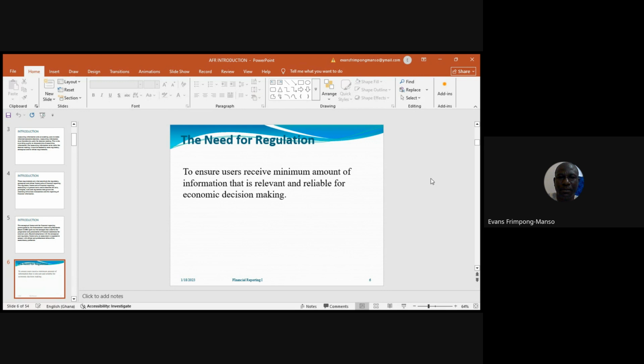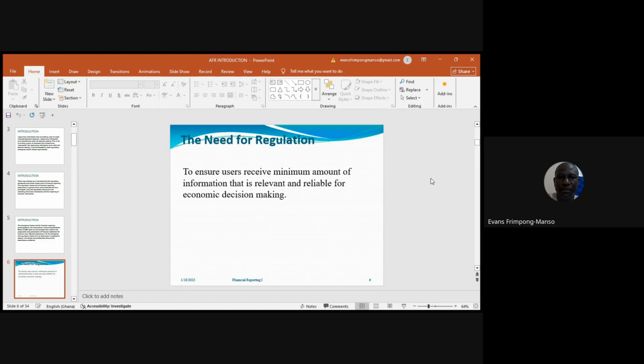And when we regulate how these financial statements are prepared, it is going to ensure that those users receive a minimum amount of information that is relevant and reliable to help them make informed or economic decisions.